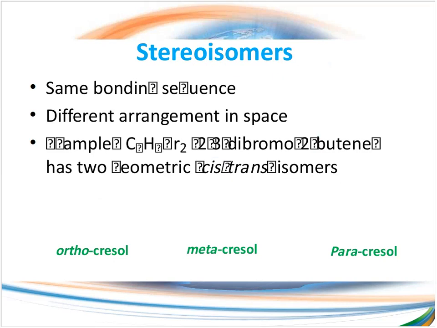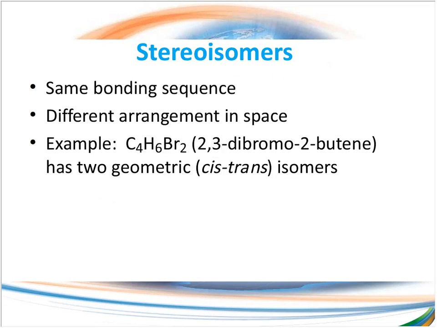Okay. Then there are stereoisomers, which have the same molecular formula, which have the same structural formula, but now the atoms bonded to the carbon can be arranged differently in space.